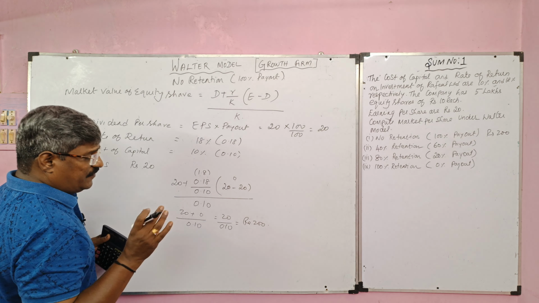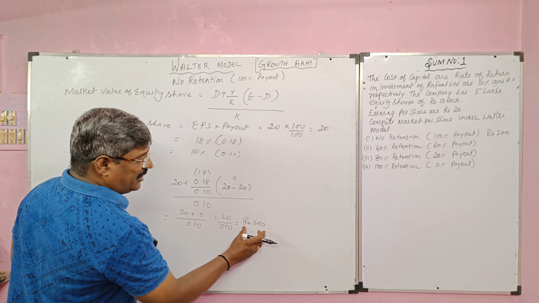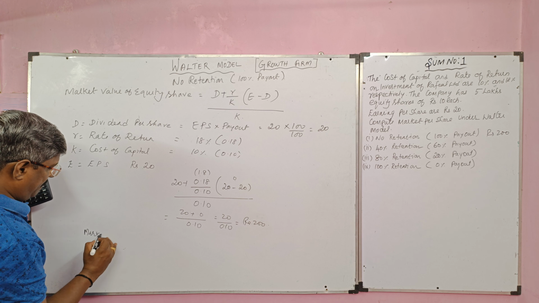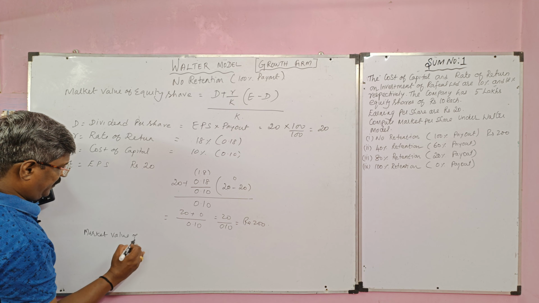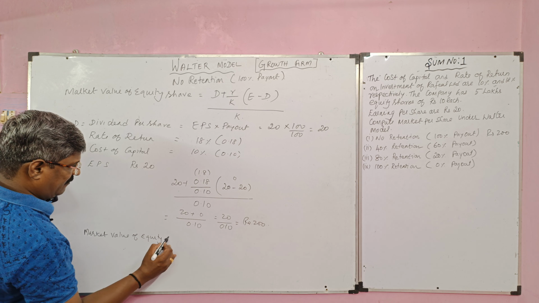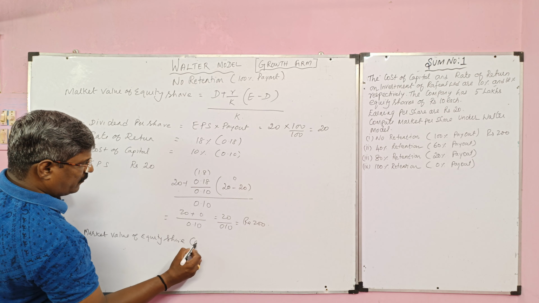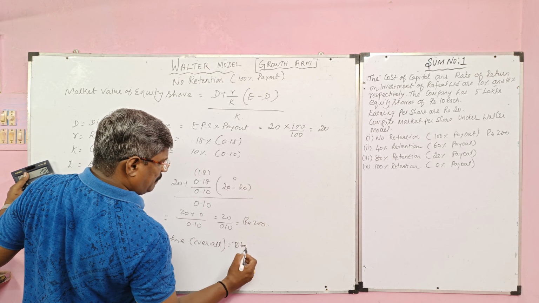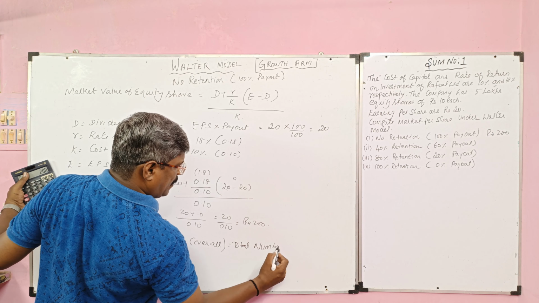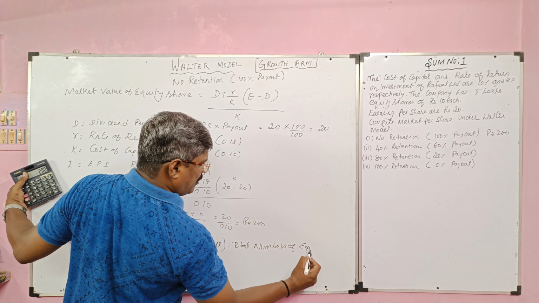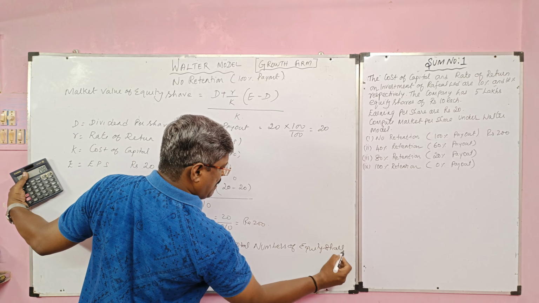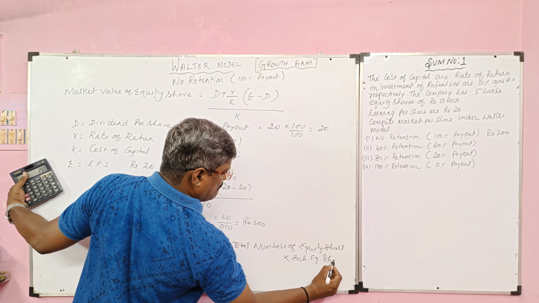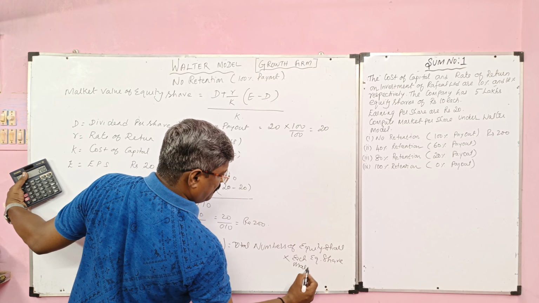Then we found market value of per equity share. Now we can find market value of equity share overall. For the total number of equity shares, total number of equity shares multiplied by each equity share market value.